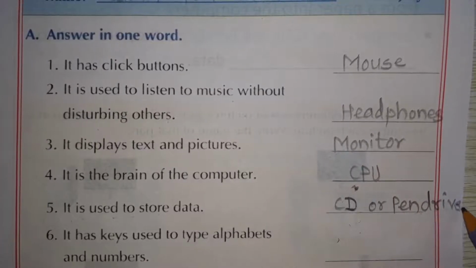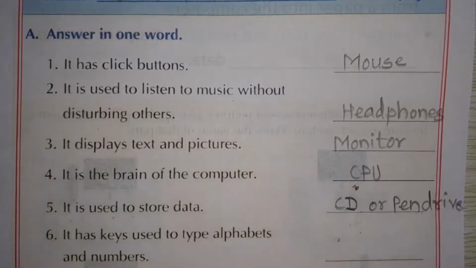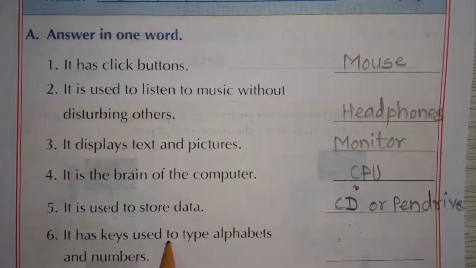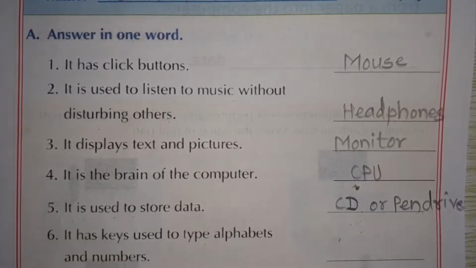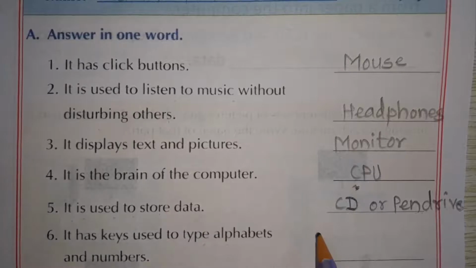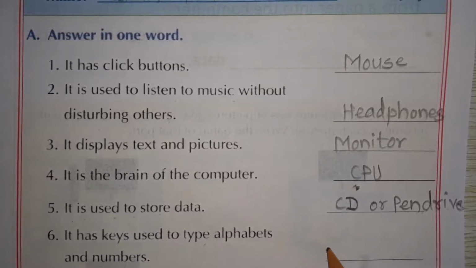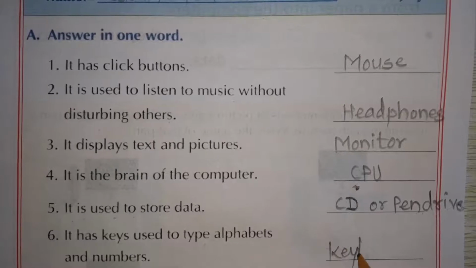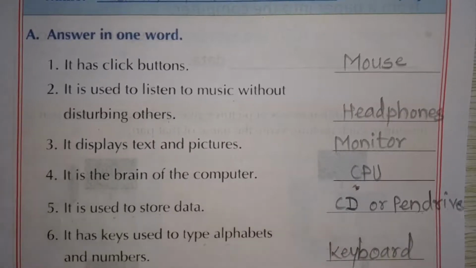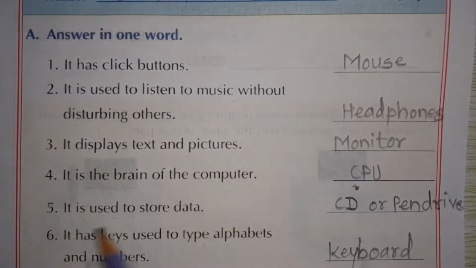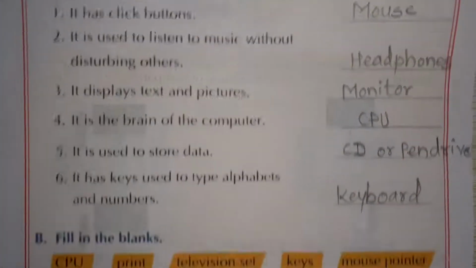It has keys used to type alphabets and numbers. Which computer part are we using to type alphabets and numbers? Keyboard. Okay? So, these are all one-word answers. Understand? Very good. Now, next question.